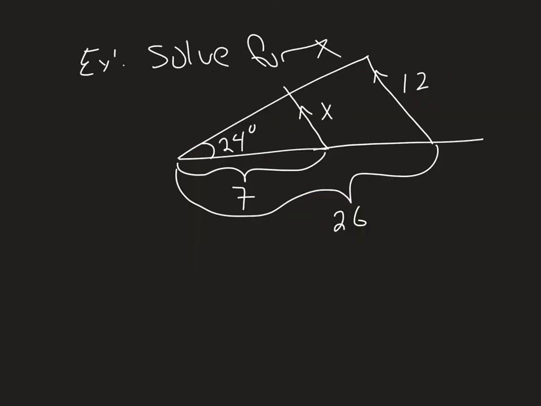So let's walk through an example of where we would use this. You see this a lot when you're talking about blueprints or expanding something or just simply extending the sides of a triangle like we have here. I want to solve for x, and it's worth noting that these two side lengths that I'm going to highlight in blue are parallel to each other.